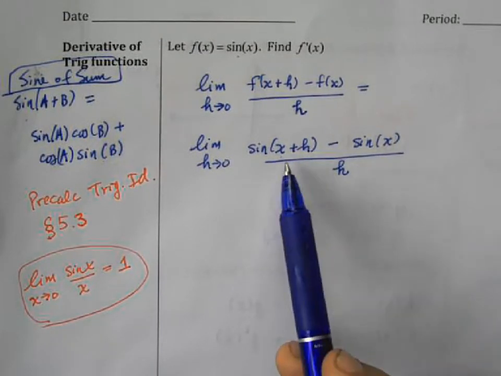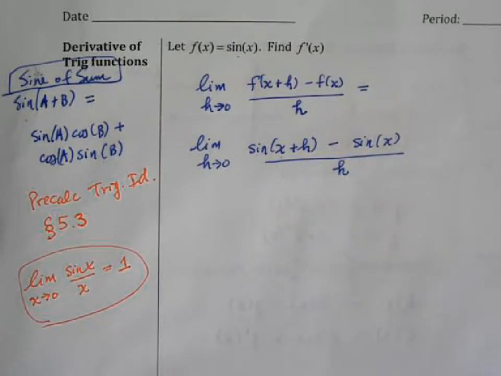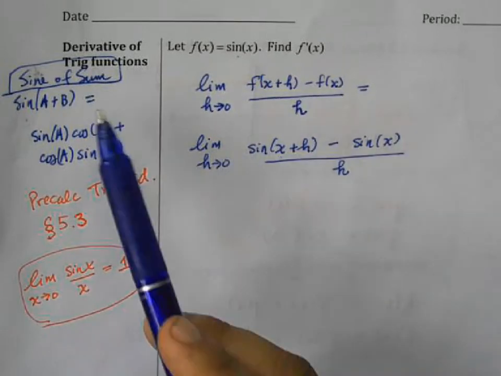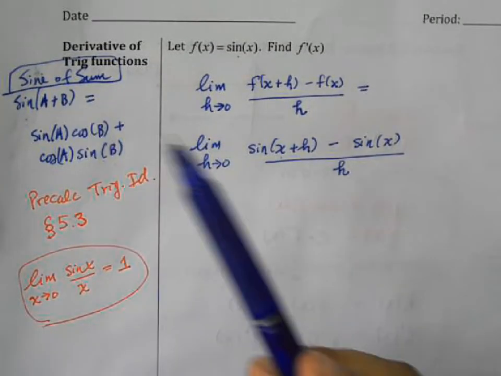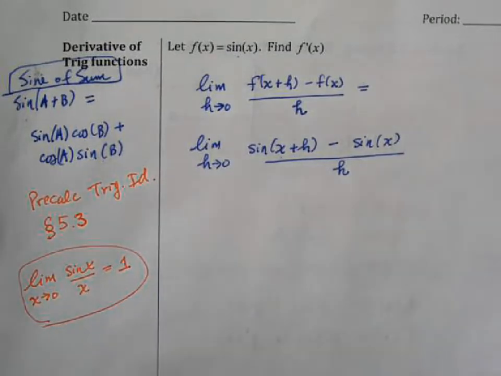Now, you see the sine of x plus h here. In order for us to get this proof further along, we have to apply the sine of a sum, because what we have here, sine of x plus h, is in fact the sine of a sum.